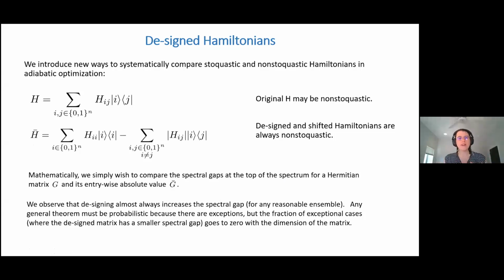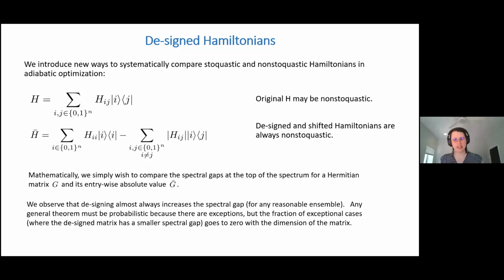Any general theorem on this has to be probabilistic because, in fact, we can numerically find exceptions, but the fraction of exceptional cases where this de-signing operation does not increase the spectral gap goes to 0 very rapidly with the dimension of the matrix.